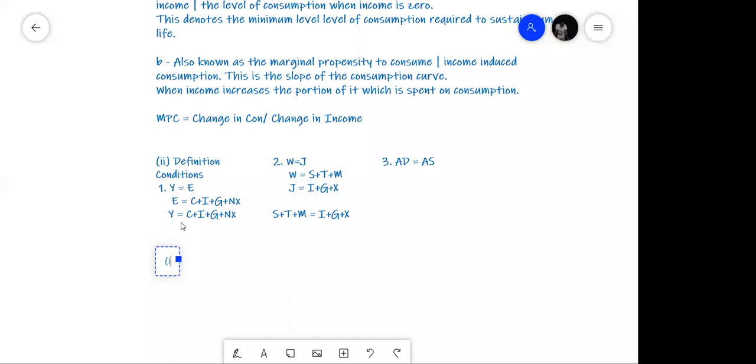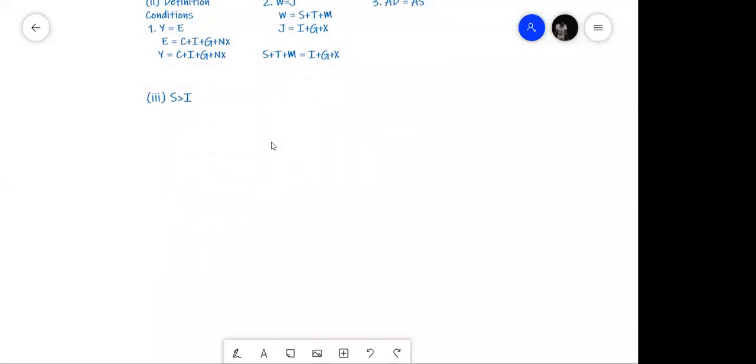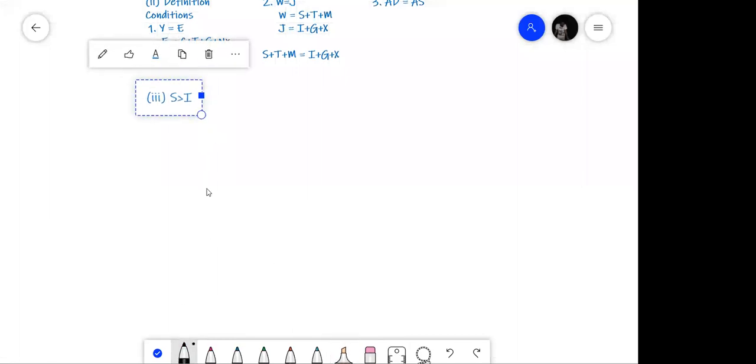In our third sector, 2015 question number 3, right? So if savings are greater than investment, what should happen to national income for you to reach equilibrium? Okay, so in very simple terms, if I'm to draw the diagram for you, drawing a diagram is the worst nightmare here.